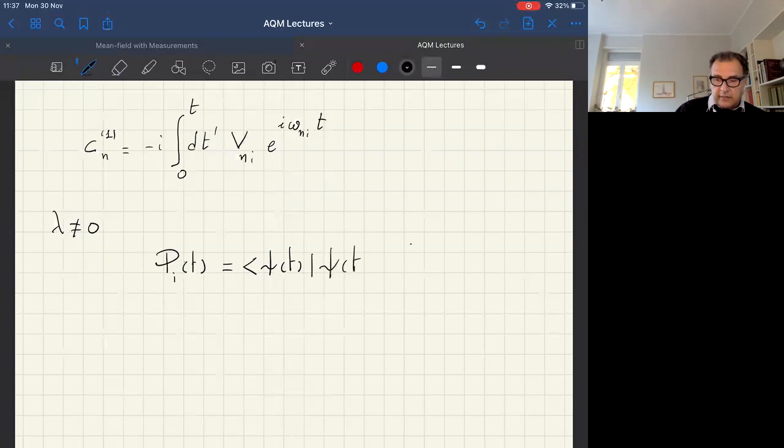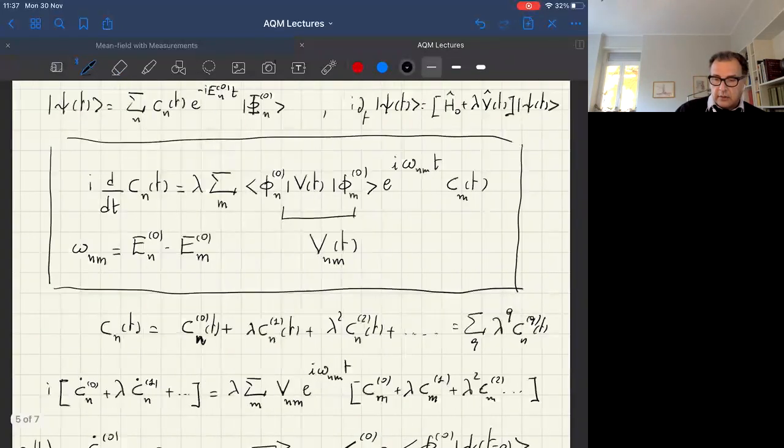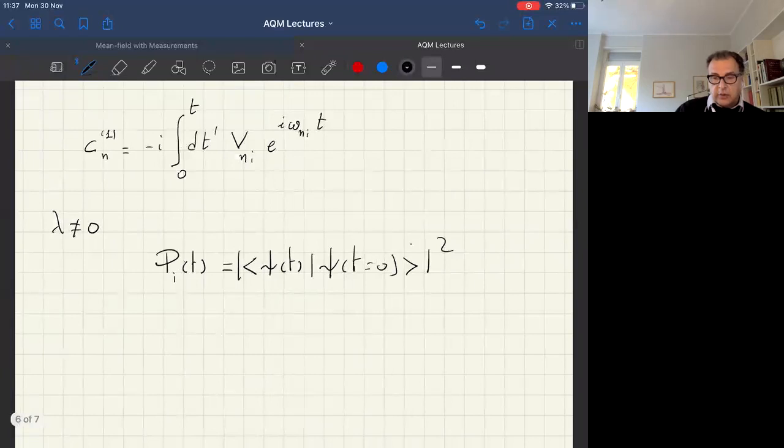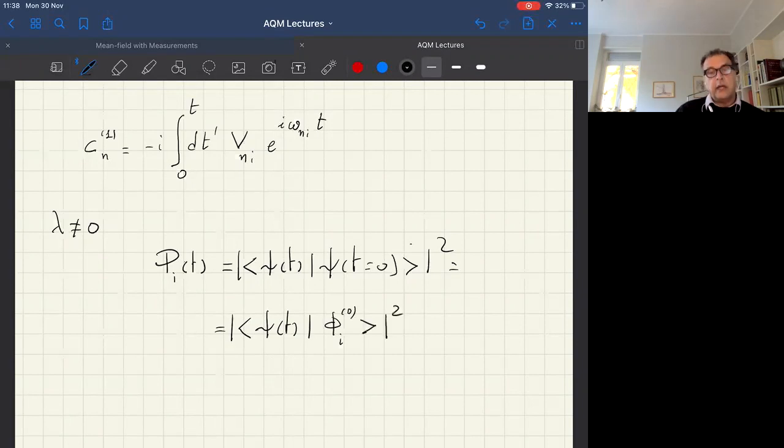So I have psi of t equals 0, and then I take the modulus squared. Now, I know what is psi t equals 0. I'm just taking at initial time psi of t, and at initial time, this is phi 0 I. Okay.